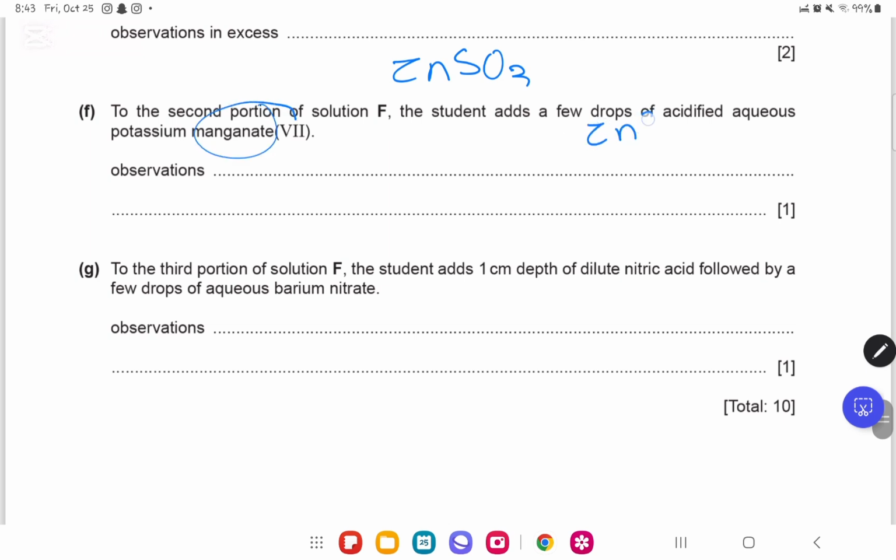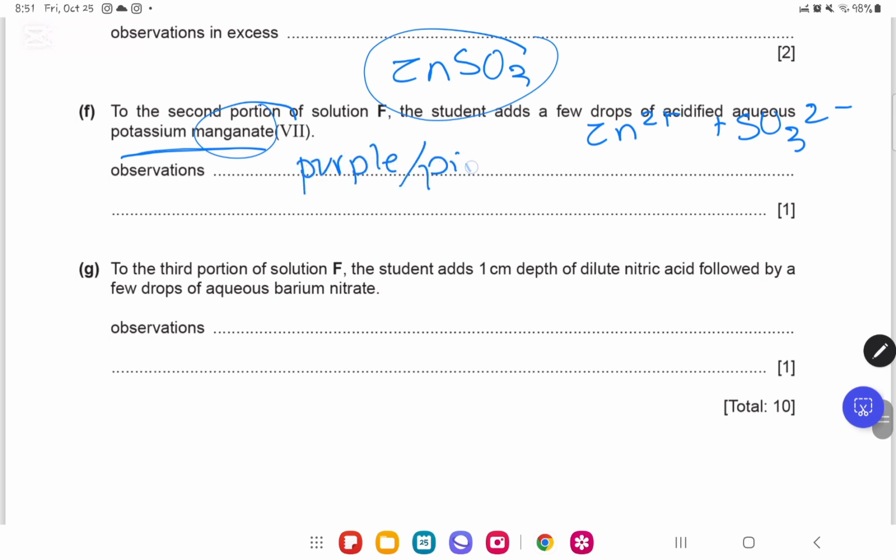So Zn2 plus, SO3 2 minus. So definitely potassium manganate is going to react with ZnSO3. Remember, anytime you see potassium manganate, it will give you a purple pink color.